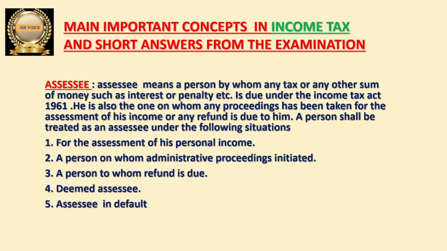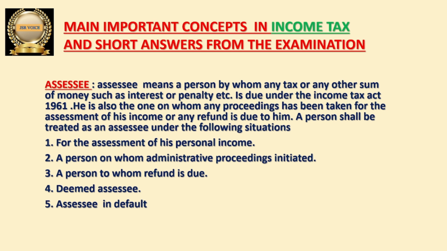If any refund is due to him, suppose he paid extra income tax to the income tax department, and now the income tax department wants to refund some amount to him, then that time also we can call that party an assessee. So under some situations we can call one person an assessee. What are those situations? Let us discuss all those situations one by one.